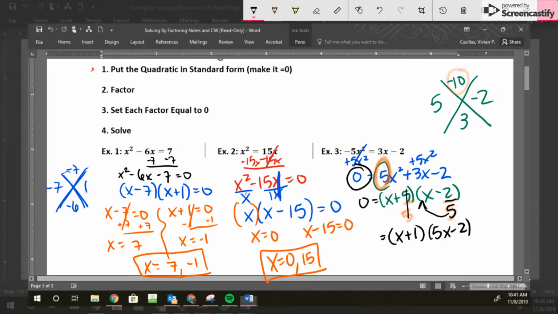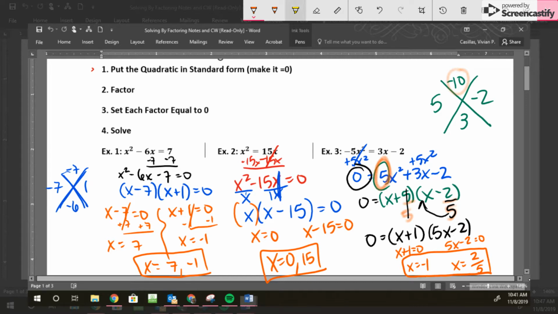And now that it equals 0, you take each one, set it equal to 0, and solve. x plus 1 equals 0, and you'll get negative 1. 5x minus 2 equals 0. You have to add 2 and then divide by 5, and you'll get positive 2/5.